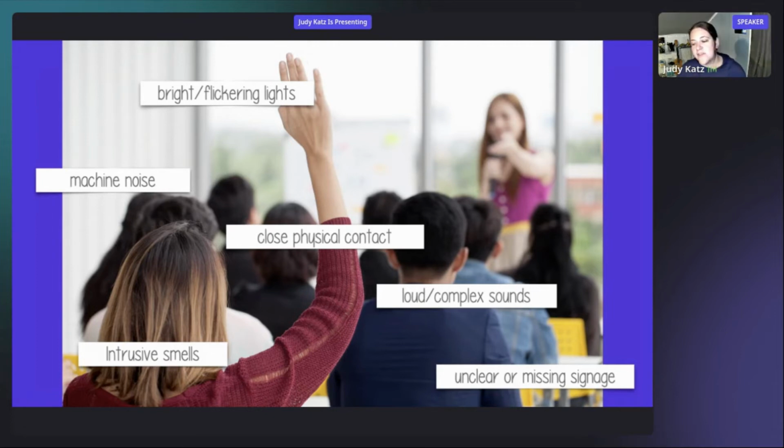All of that can be very difficult. Another thing that can be a problem with instructor-led training and being in a physical space is unclear or missing signage. One of the things that can be very difficult for autistics in particular is a lack of spatial awareness, a lack of geographic awareness.